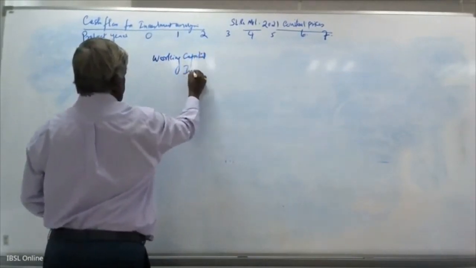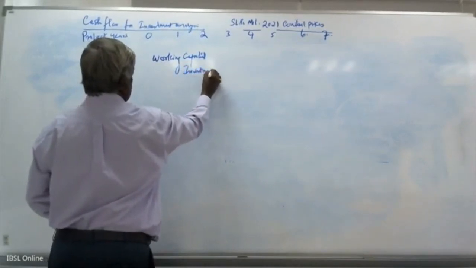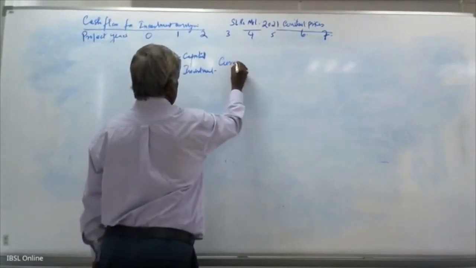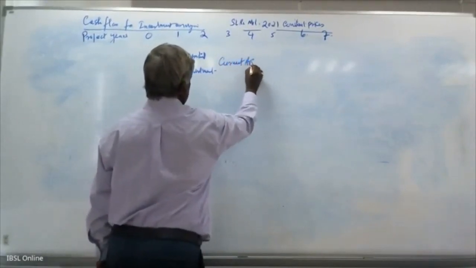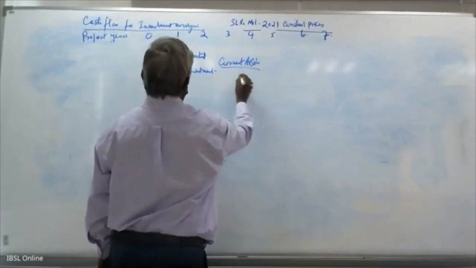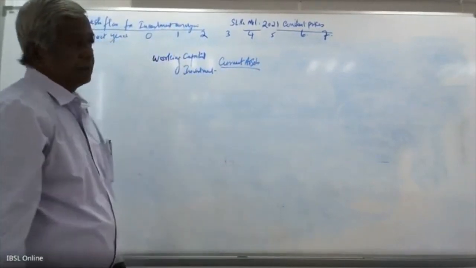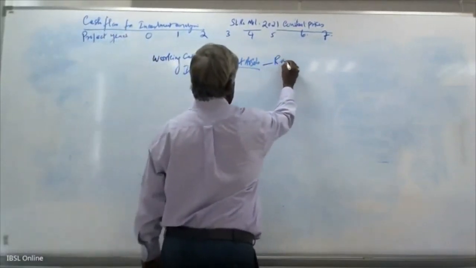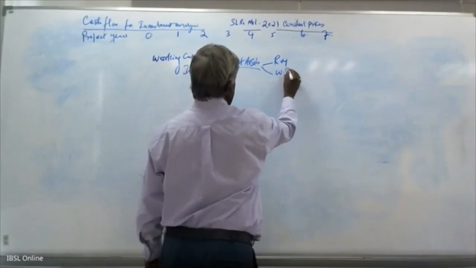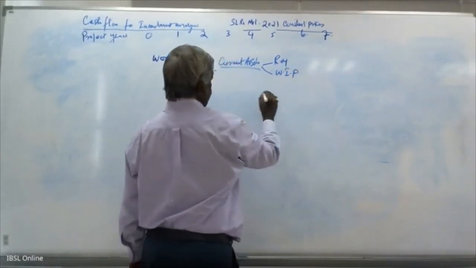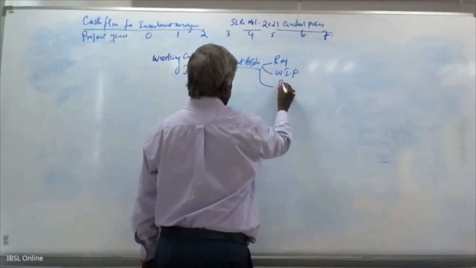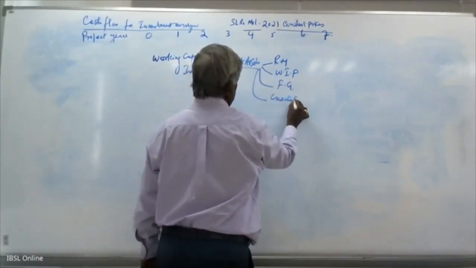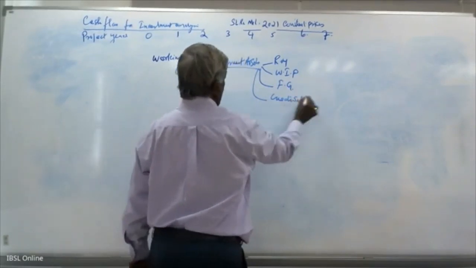Working capital investment. So what is working capital? That is investment on current assets. What are the current assets? Raw material, work in progress, finished goods, credit sales or debtors.